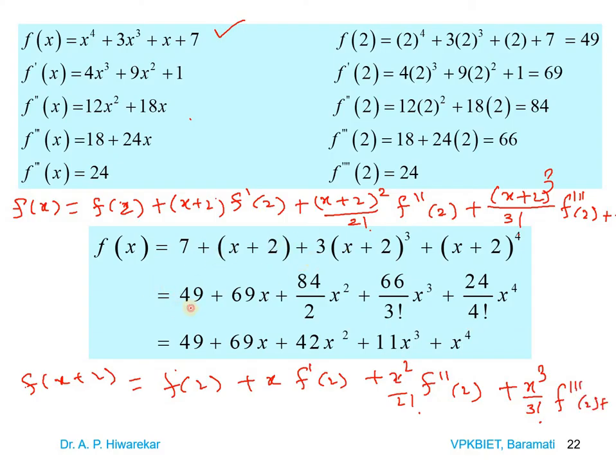So f of 2 is 49. Then f dash of 2 is 69. Then f double dash of 2 is 84 divided by 2 factorial. Then 66 divided by 3 factorial into x to the power 3, plus and so on. So after simplifying, you will get this as the answer.